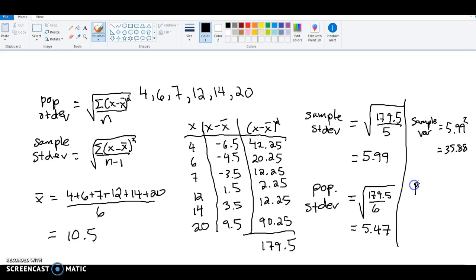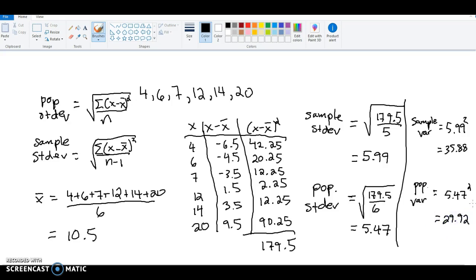And your population variance would be the square of 5.47. So what does this come out to? So 29.92.